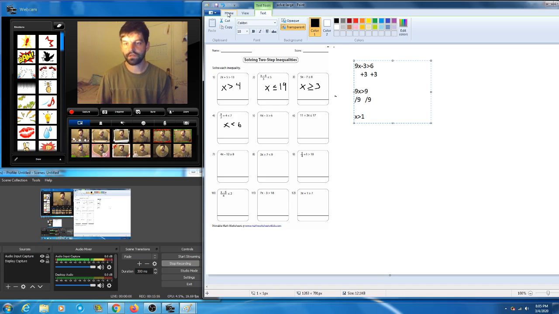Eventually we will have to introduce negative numbers here, and there are going to be some special actions that we have to take, but for right now, whatever side the variable is on, don't let that bother you.